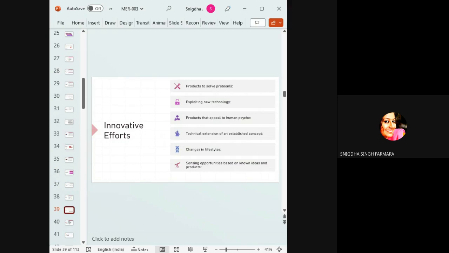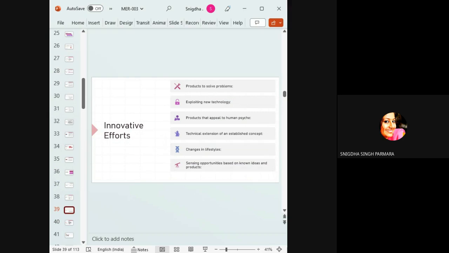While choosing a business idea, an entrepreneur must try to exploit some new technology, so that there is technological upgradation, so that more could be achieved at less.